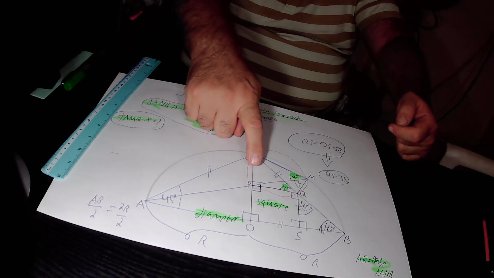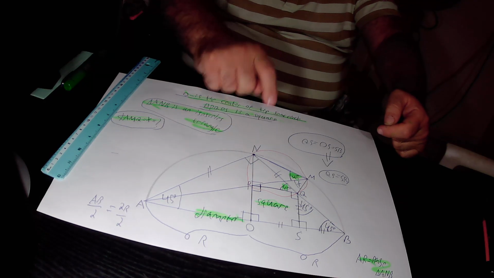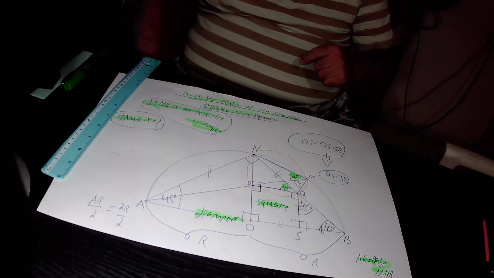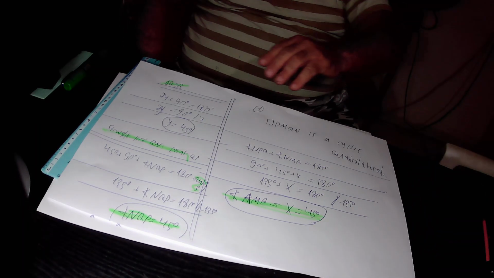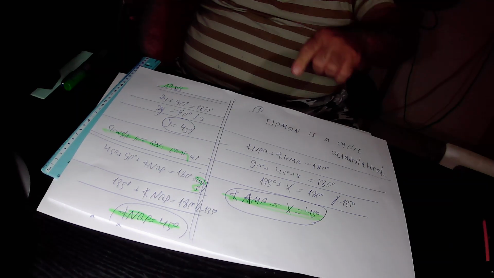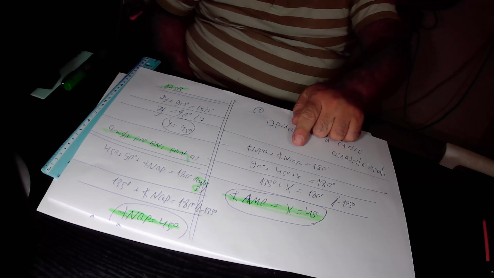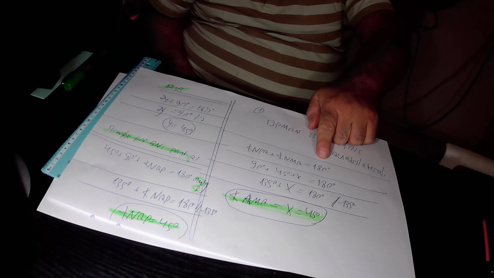So this is angle NPQ, equal to 90 degrees in its size, plus this opposite angle, angle NMQ, in total must be equal to 180 degrees according to the rule that I presented to you. So in the cyclic quadrilateral PMQN, angle NPQ plus the opposite angle NMQ, in total must be equal to 180 degrees.